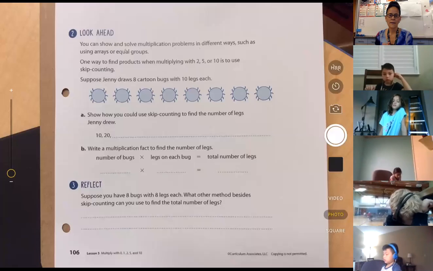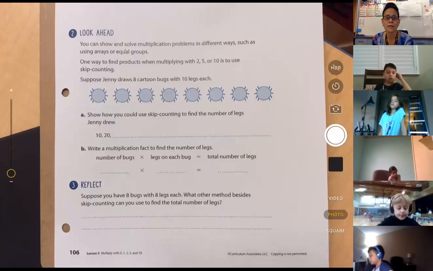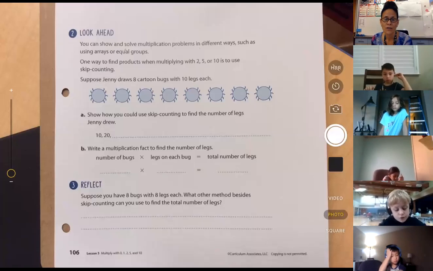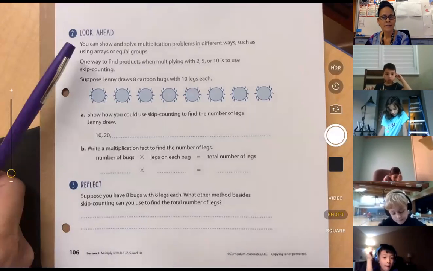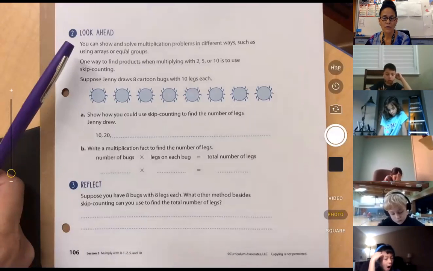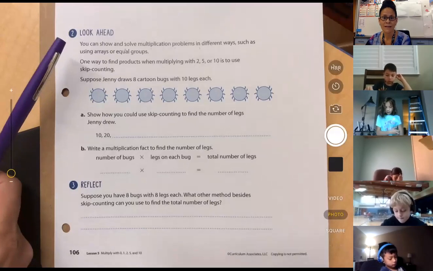So friends, on page 106, I would like you to take a look at question number 2. Here I am, right here. It says that you can show and solve multiplication problems in different ways. We know that.